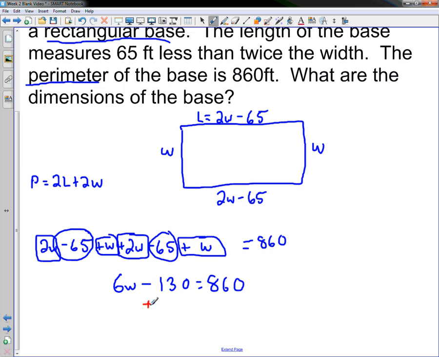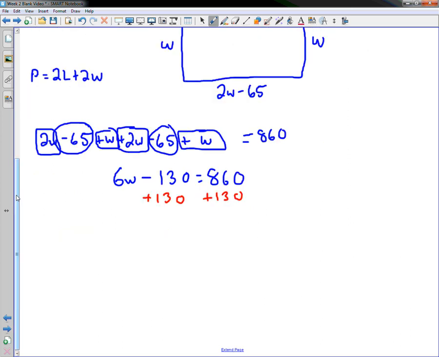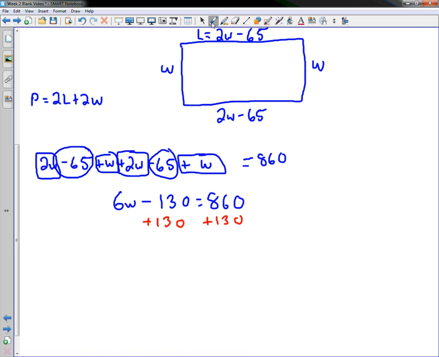So add the 130 over. And we have 6W equals 990. Go ahead and divide by 6. And we have W equals 165.